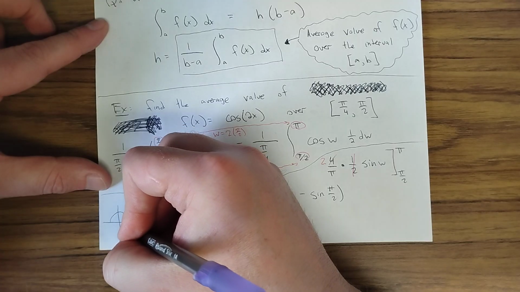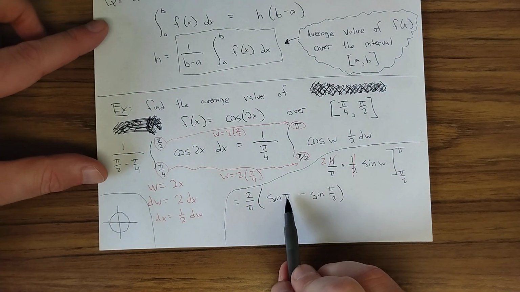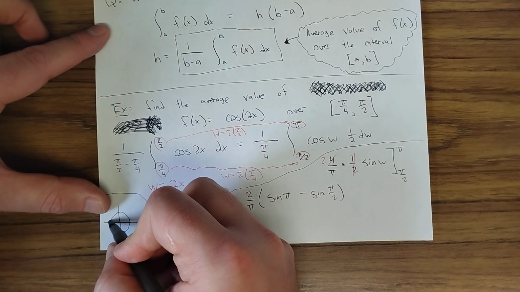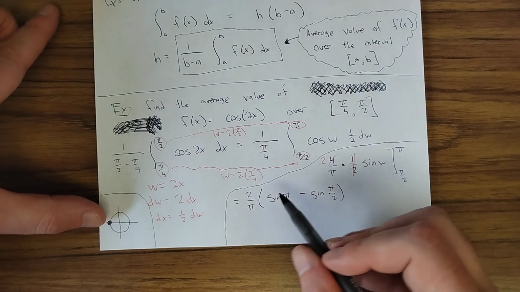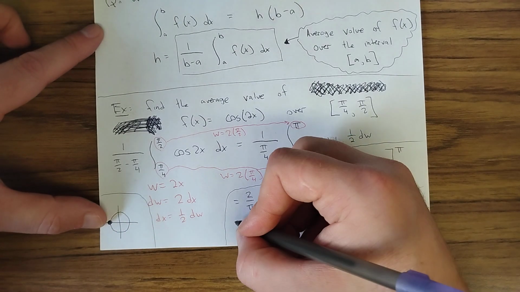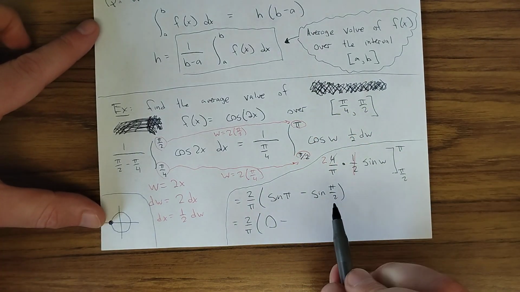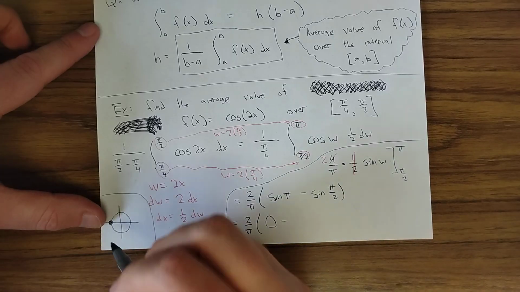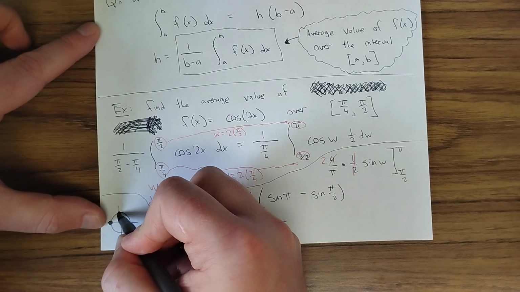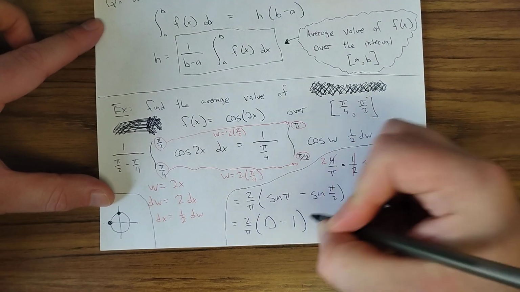I don't really need a lot of information off the unit circle, but okay, an angle of pi is right here, and sine is the y-coordinate of the point. So sine of pi is the y-coordinate of this point, which is 0. Sine of pi over 2, well, pi over 2 is 90 degrees, that's this point, so it's the y-coordinate of this point, 1.